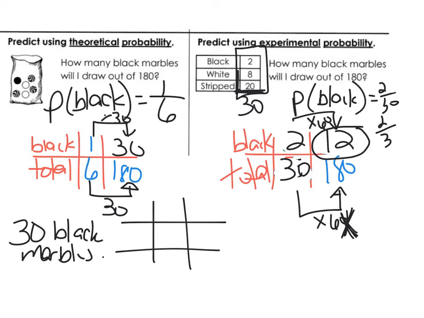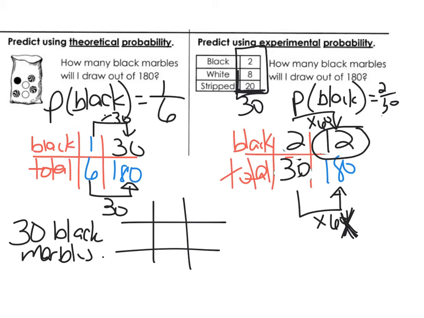Okay. Any questions on that? Sorry for that mistake. Okay. Yesterday we did striped marbles. You guys remember that? But now they were asking for black marbles, so that's why we did it wrong the first time. Okay, any questions on predictions?